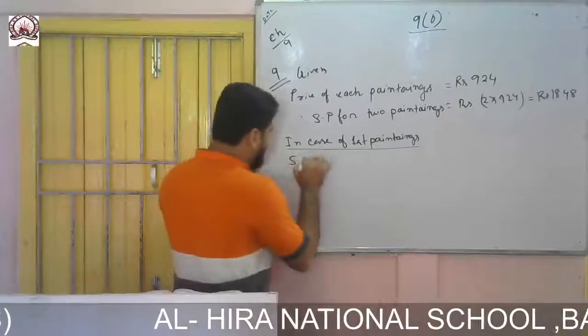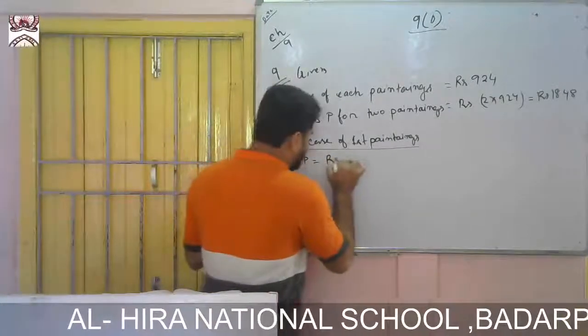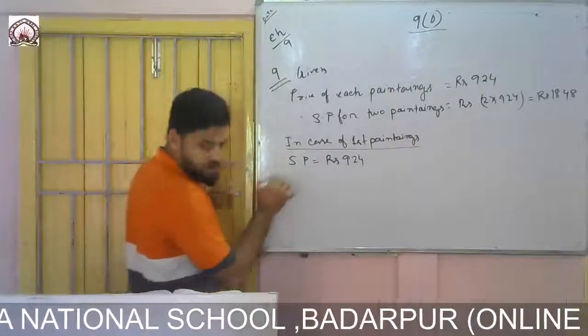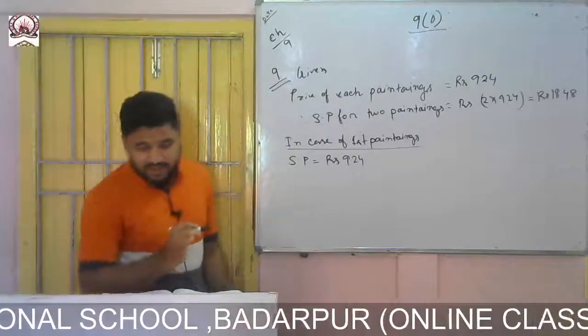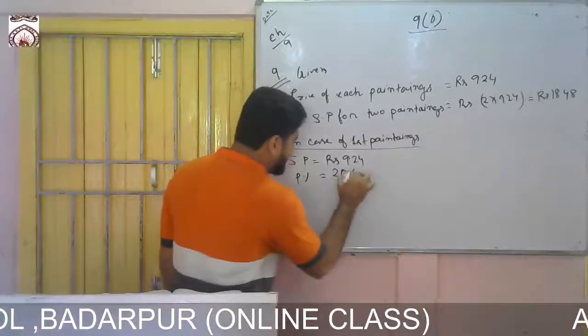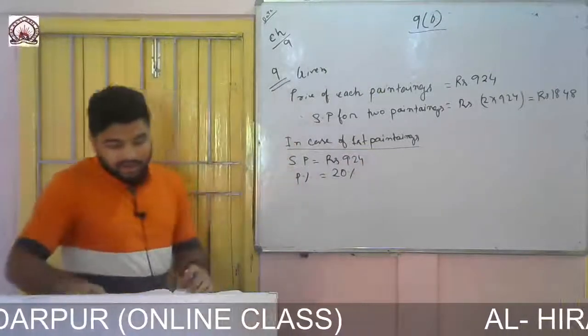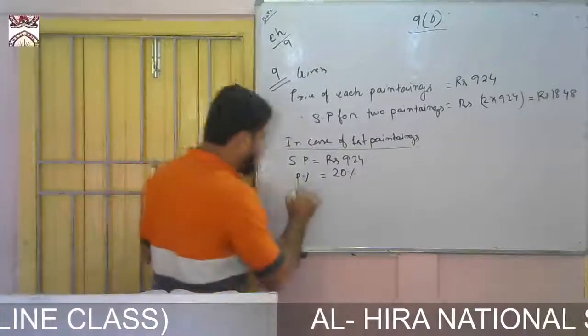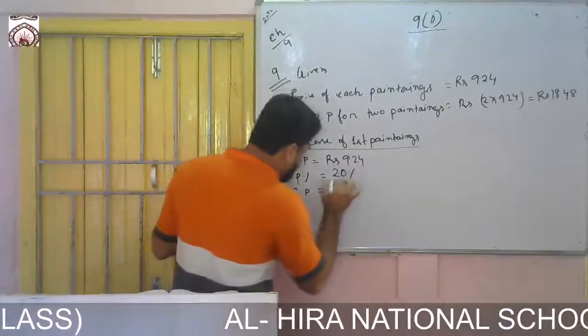And in the first case he has made a profit. So the profit percentage given is 20%. And we need to find the CP, that is the cost price.